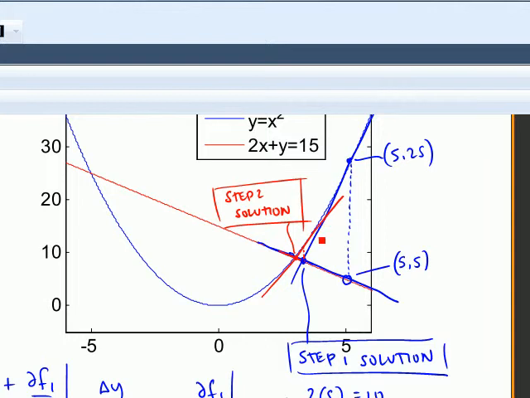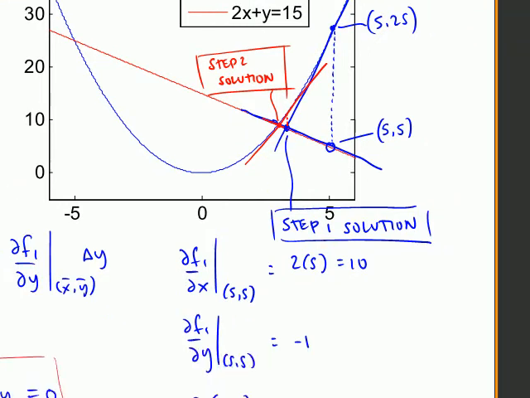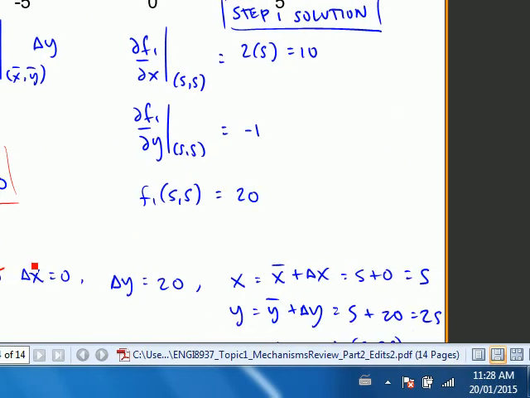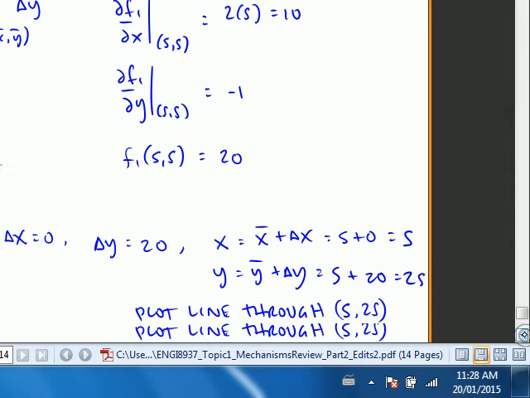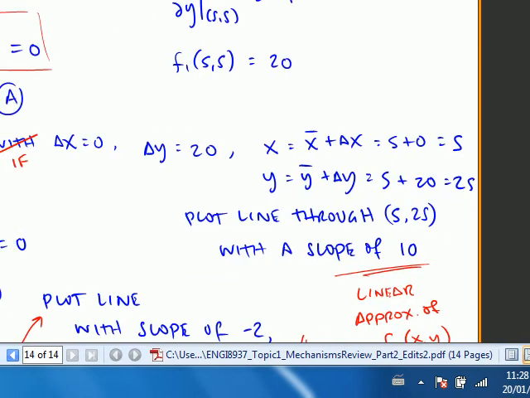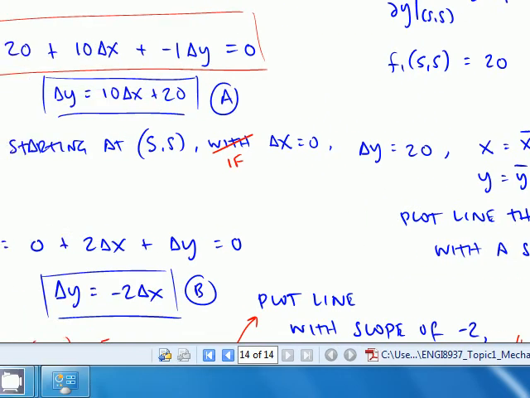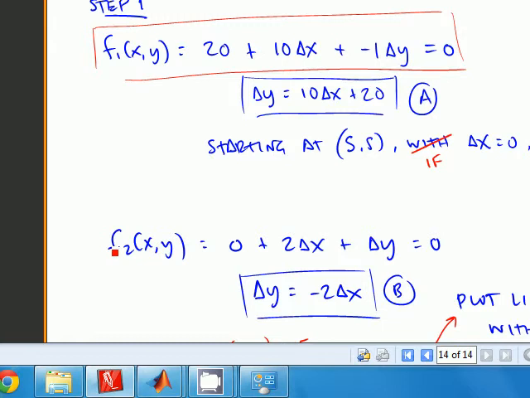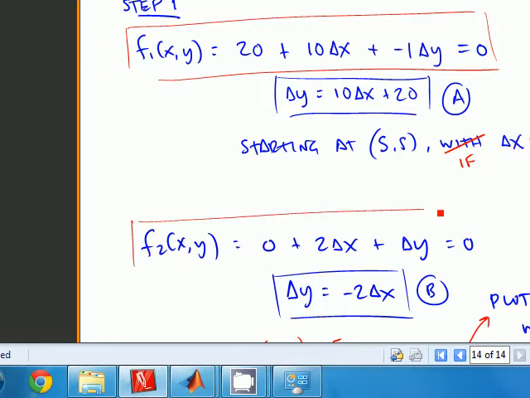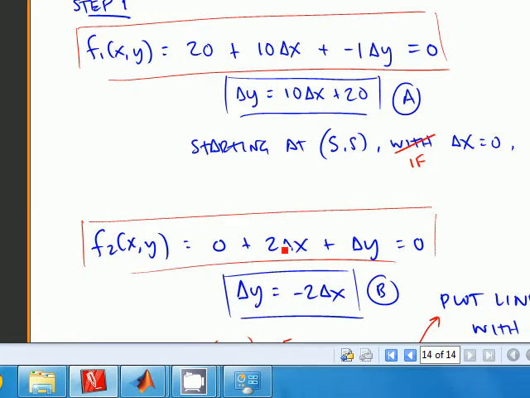and I will draw my line with a slope of 10. The other function, f2, it just so happens that my guess is on that function and it's linear. Anyway, f2 of x, y is going to be 0, just by fluke, plus the x slope of the second function times delta x plus the y slope times delta y.